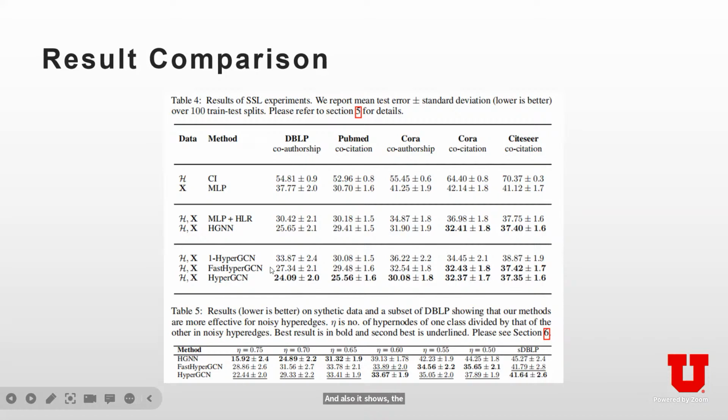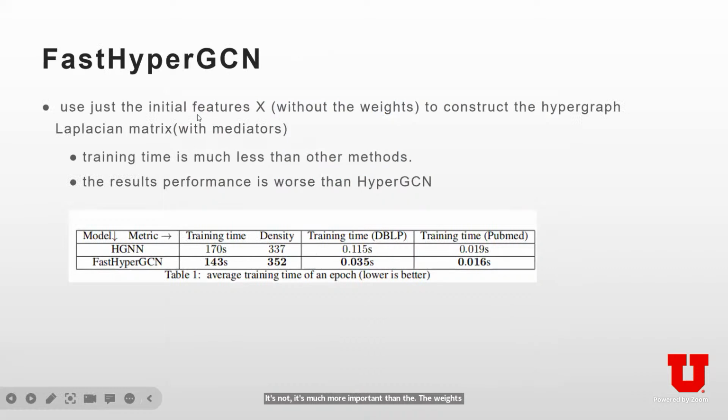So it shows that the mediator is much more important than the weights, because the fast hyperGCN didn't use the weights to construct the hypergraph Laplacian matrix.